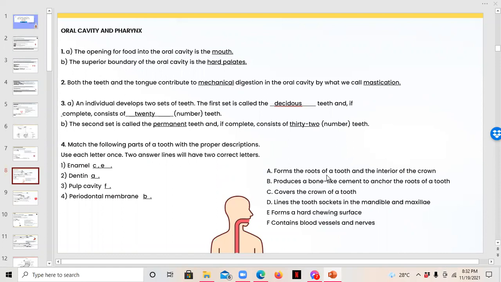Number 3. Pulp cavity. Letter F, contains blood vessels and nerves. Number 4. Periodontal membrane. The answer is letter B, produces a bone-like cement to anchor the roots of a tooth.